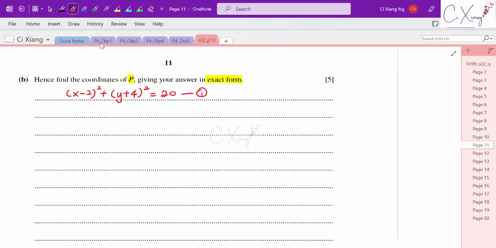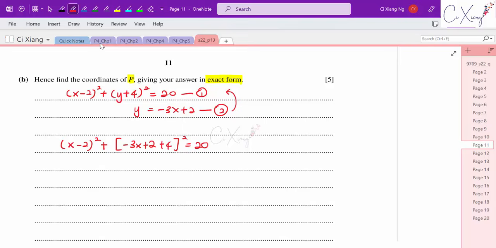And my equation of BC is y equals negative 3x plus 2. So I will substitute equation 2 into equation 1. When I substitute it, my equation will look something like this: y will be negative 3x plus 2, and then plus 4, squared, equals 20.